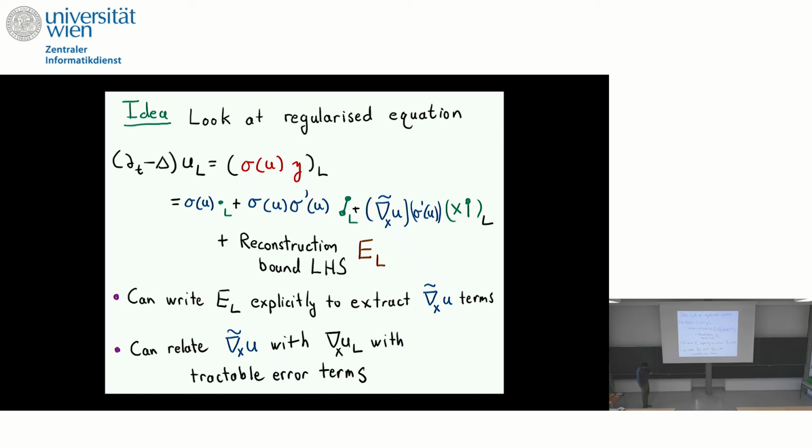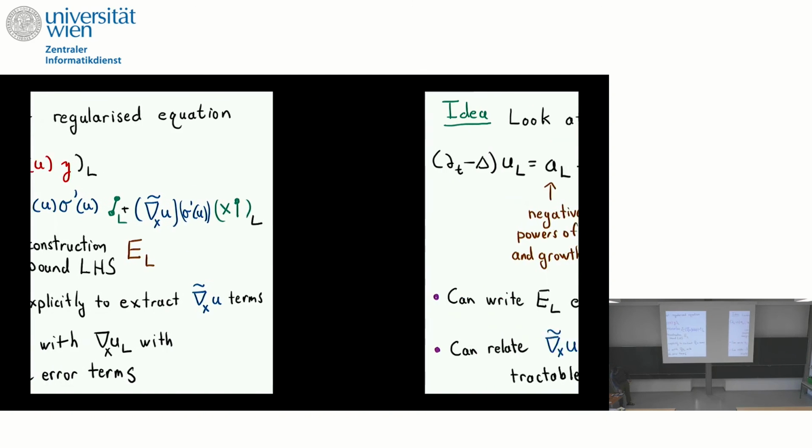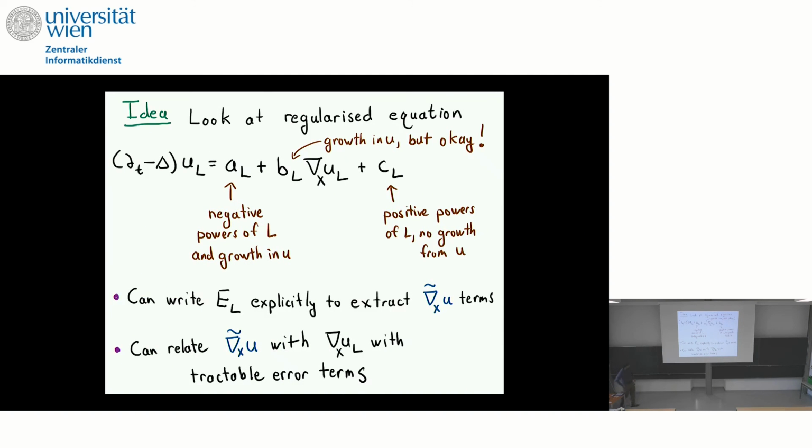And so then what you'll arrive at is you can rewrite the equation for the regularized solution in this sort of form, where you have some terms that have negative powers. So here you should think about L as less than 1.